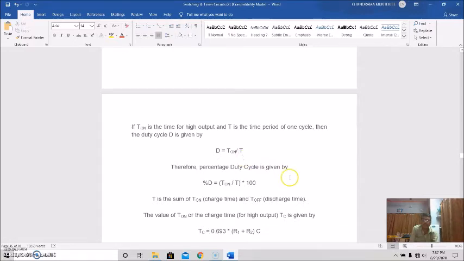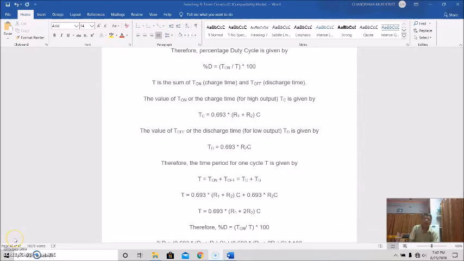Percentage duty cycle is given by percentage D equal to turn on by T multiplied by 100. T is the summation of turn on, that is charging time TC, and turn off, that is discharging time TD.